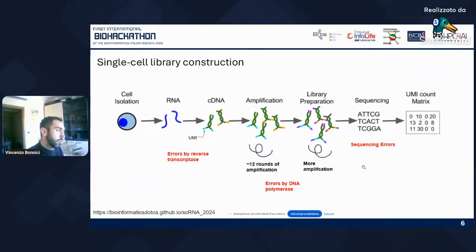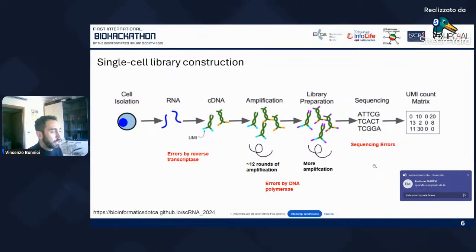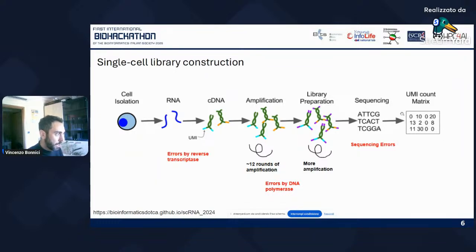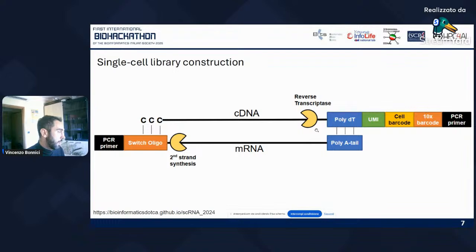Of course, you can introduce a lot of errors in these protocols, and you want to deal with them and get rid of them for obtaining the UMI count matrix. This is what Ramona just explained to you.